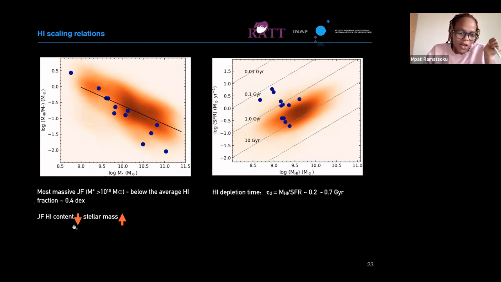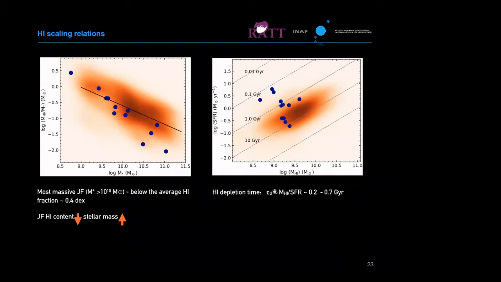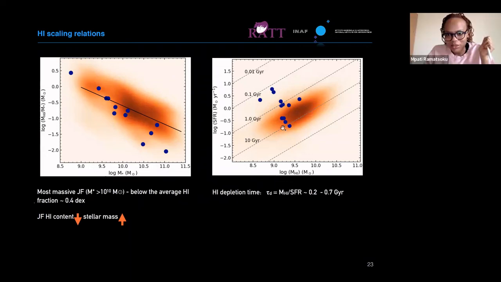So for lower H1 content, you get a decreased H1 content with increase in stellar mass. And once again, when we look at the H1 depletion times, all the jellyfish galaxies, the ones in blue, are above, or most of them are above the general population. But this still doesn't quite answer our questions of what could be happening. Are these galaxies, instead of having enhanced star formation, are they just losing H1 instead?